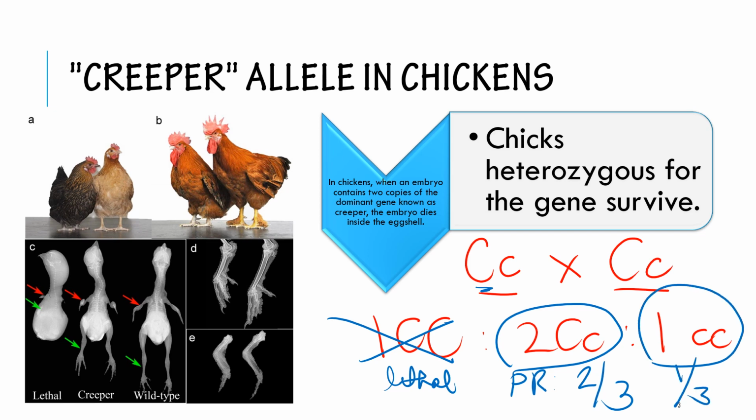Okay, so this is for the creeper allele in the chicken. It is dominant, so when a chicken has it, it is creeper. But in the homozygous condition, it's lethal.